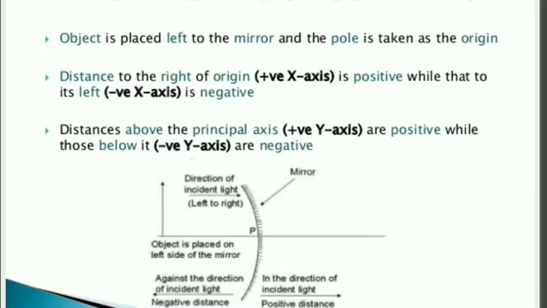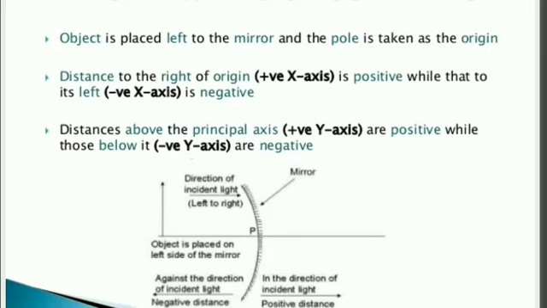In these conventions, the pole of the mirror is taken as the origin, as we have in graphs in maths, where O is the origin. Same way here, the pole of the mirror is taken as the origin. The principal axis of the mirror is taken as the x-axis, which is represented by X'X, of the coordinate system.